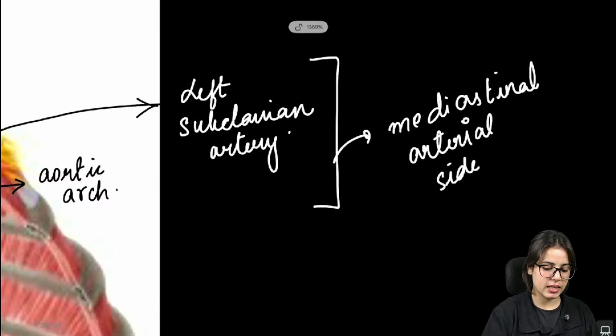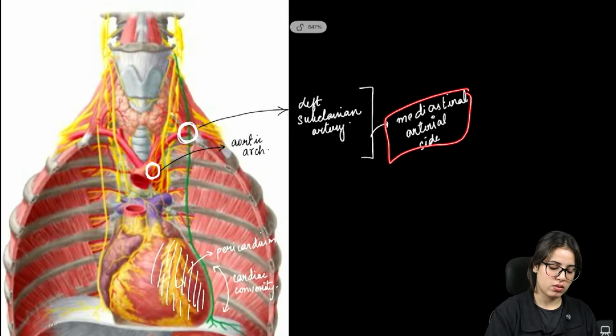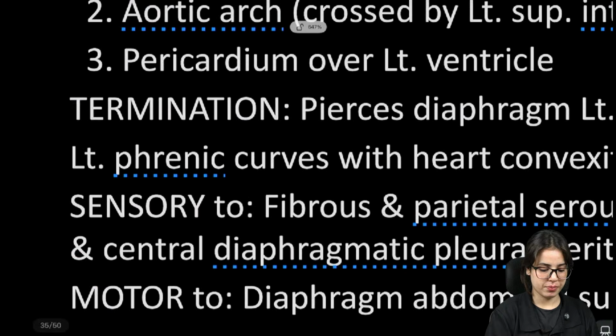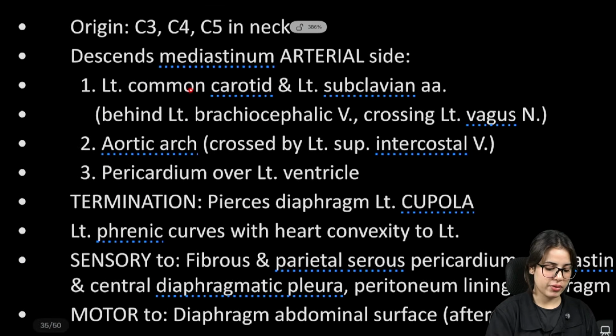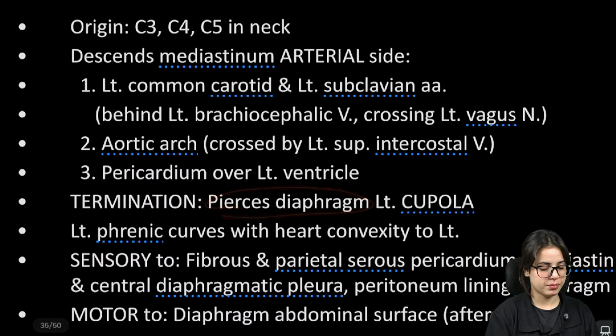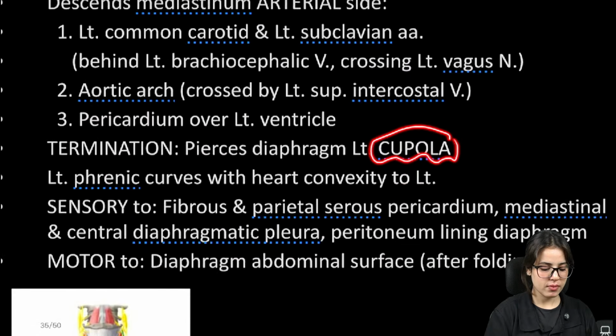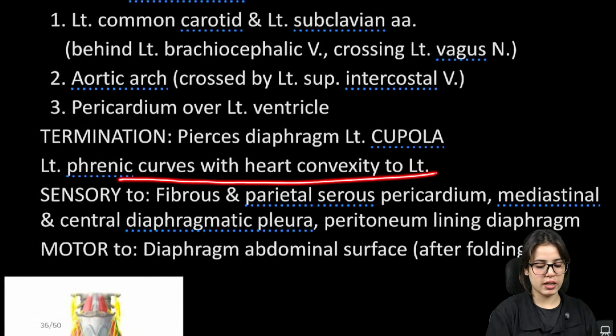This is the mediastinal arterial side where there are mostly arteries on its path. Let's do this. Left common carotid artery and subclavian artery, aortic arch and pericardium of the left ventricle, terminates at diaphragm. Left cupola. Cupola means dome shaped. Left phrenic curves with heart convexity.